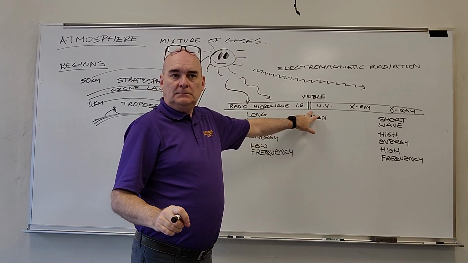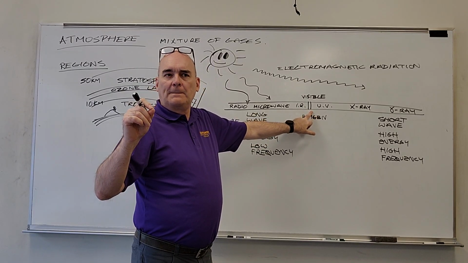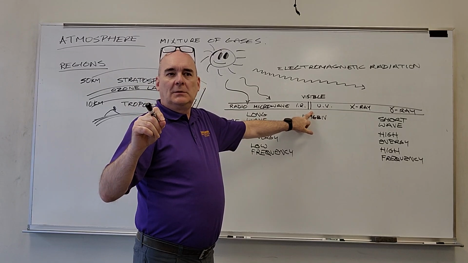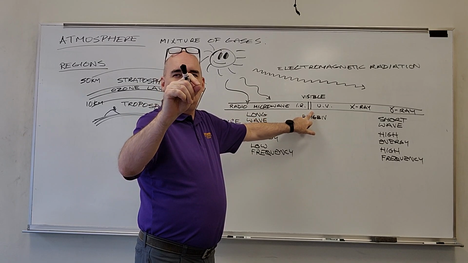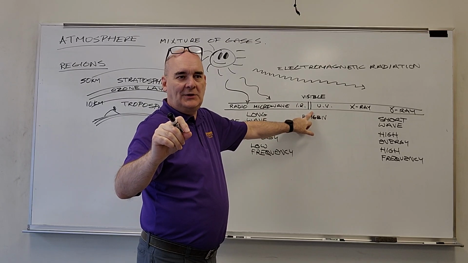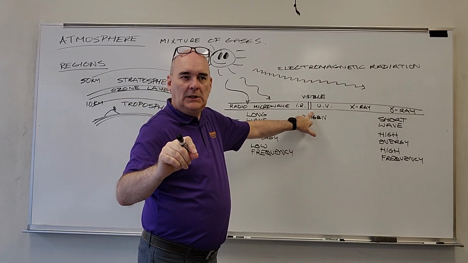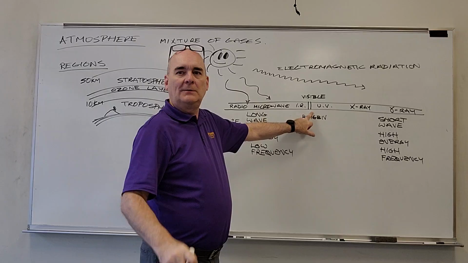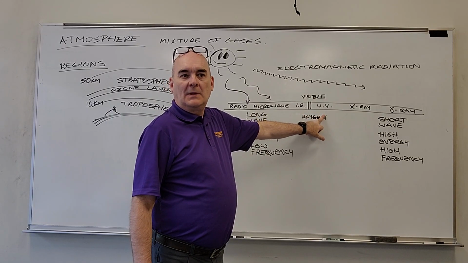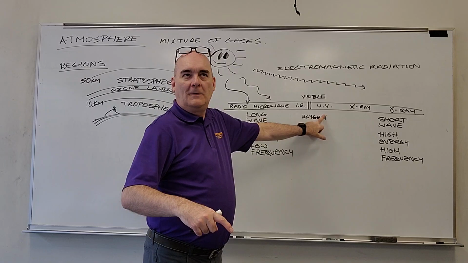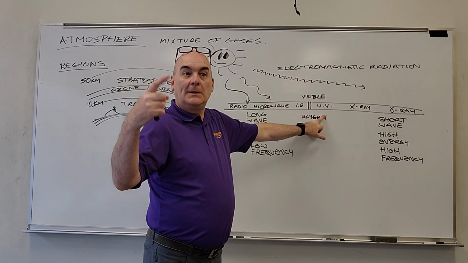Visible promotes low energy electrons from one position inside a molecule to another position inside the molecule at a low energy interval. Ultraviolet does it more violently.